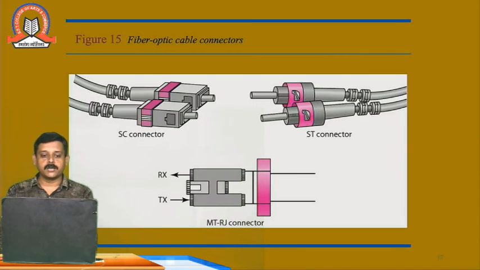For basic connectivity of wires, we directly connect them with the help of tape or some other material, or even with bare hands. But for connecting the fiber optic cable, we need an SC connector and an ST connector, which merge with the RJ connector.